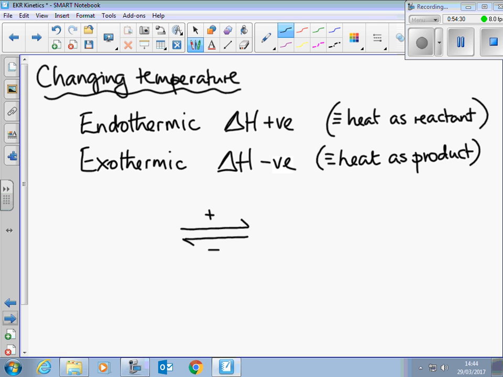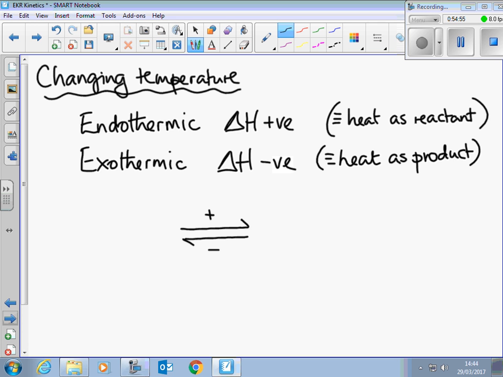Okay. Now, if you change the temperature, if you increase the temperature for an endothermic reaction, that's quite useful, isn't it? It's increasing one of the reactants. So it will push an endothermic reaction in that direction.